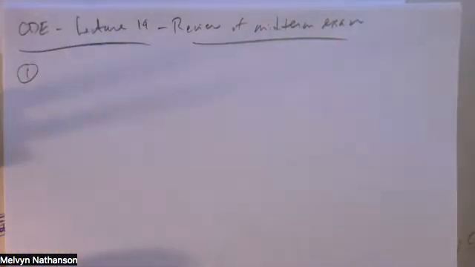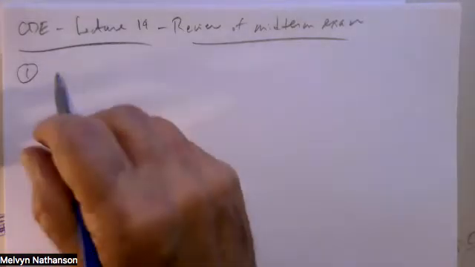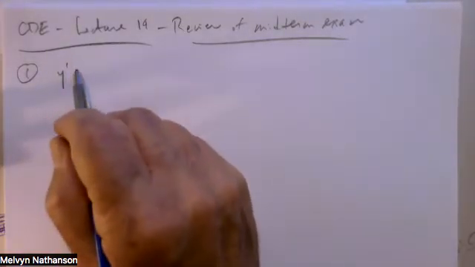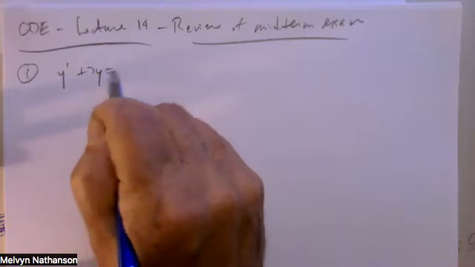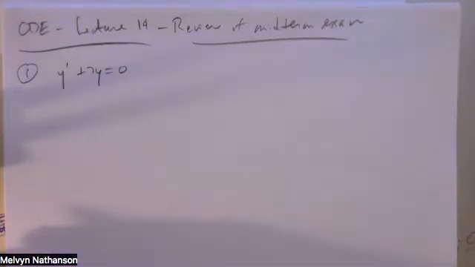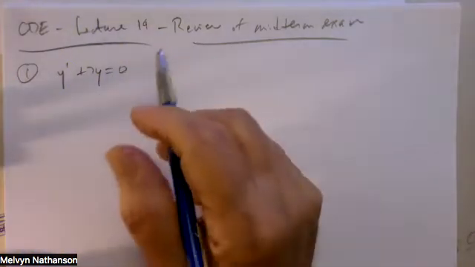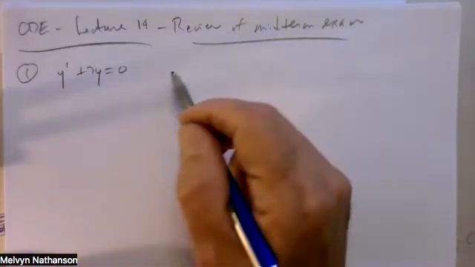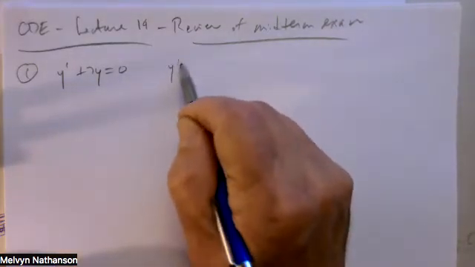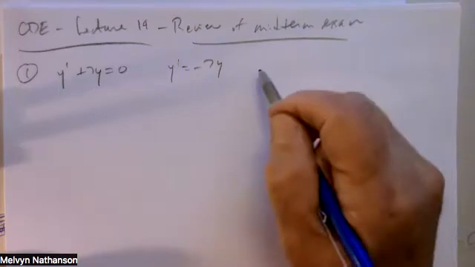So in problem number 1, we begin with a homogeneous differential equation, y prime plus 7y equals 0, which is the same as, again, there are many ways to do this. They're all essentially the same. It's the same as y prime equals minus 7y.